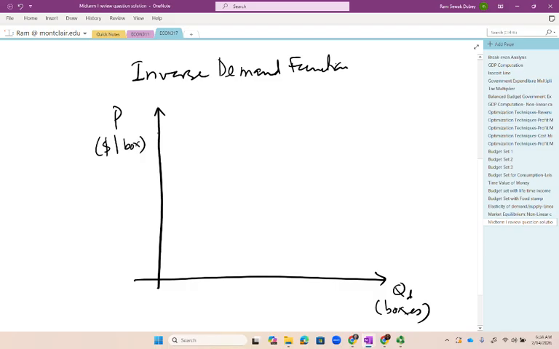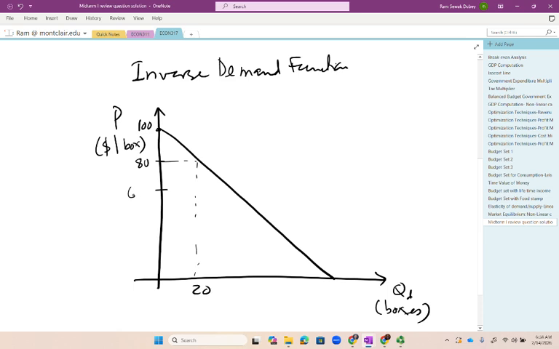And I know when price is 100, quantity is 0. I will draw the graph first, then I will show the points on this graph. So $100 price, 0 quantity. Price goes down to 80, we know the quantity increases to 20.